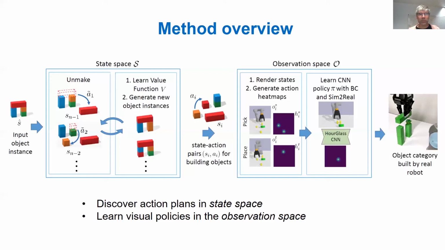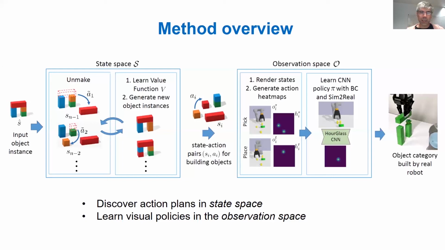I will show in a second what I mean. So as inputs, we are given one instance of a shape and also a category classifier, which will tell, once the algorithm builds something, whether it has built something useful or not.